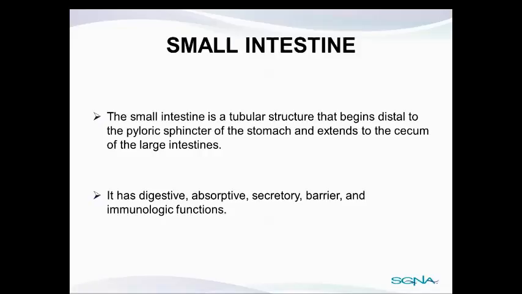The first 30 centimeters of the small intestine is the C-shaped muscular duodenum, which begins at the pyloric sphincter and ends at the ligament of Treitz. The common bile duct empties into the duodenum at the ampulla of Vater.